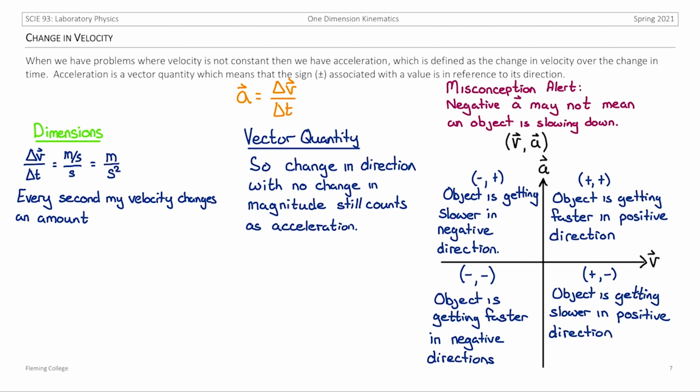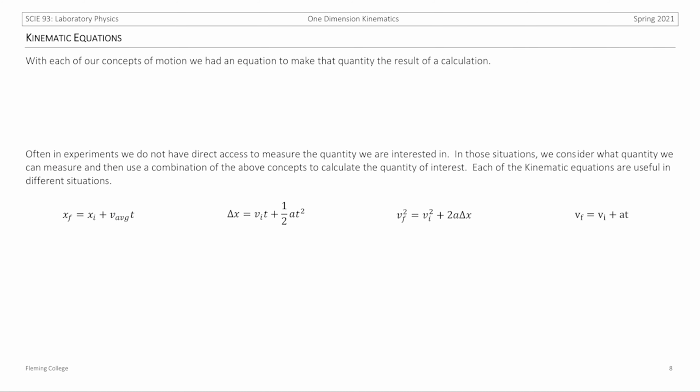With each of our concepts of motion, we've introduced an equation to make that quantity calculable. So when we talked about displacement, we said that our delta x will be equal to xf minus xi, and we talked about how that can show up in many different forms. When we introduced velocity, we had v is equal to delta x over delta t.